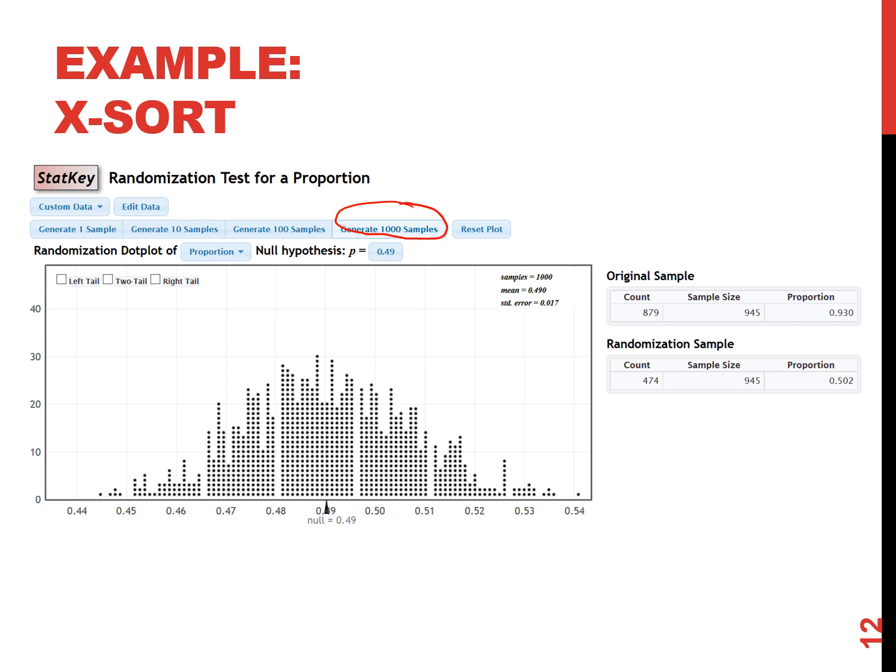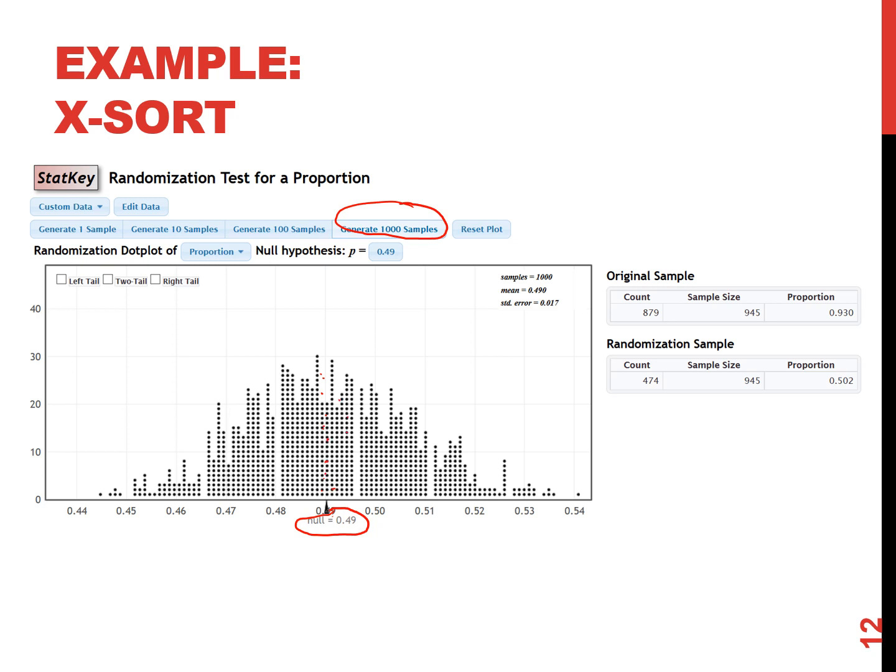And we get this distribution. So this is our randomization distribution. Notice that it's centered around the null hypothesis because the whole purpose is to show us the kinds of sample proportions we might expect if 49% of people who use this XSort procedure end up having baby girls. So if there's a 49% chance of having a girl, we'd think that most of the time we'd get a sample proportion that's close to 49%.